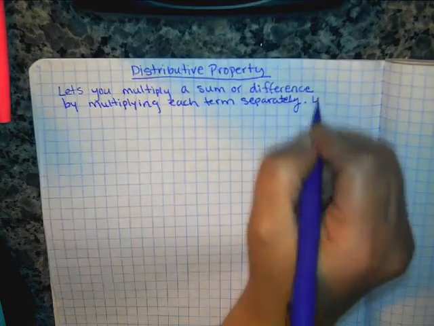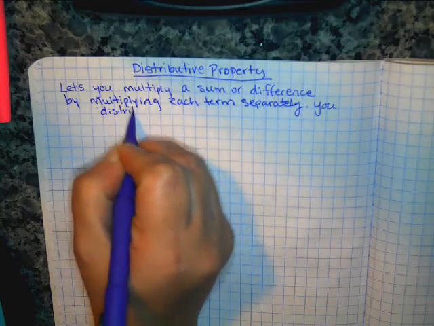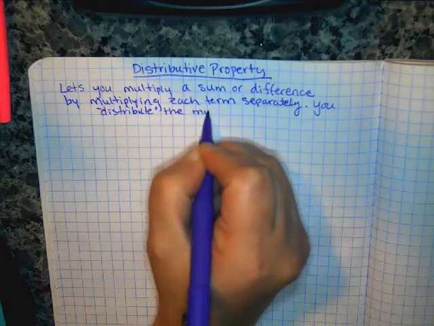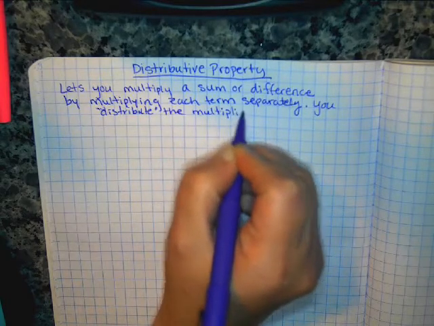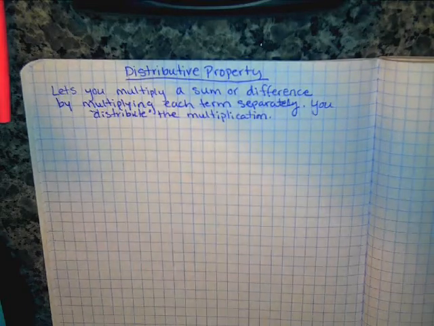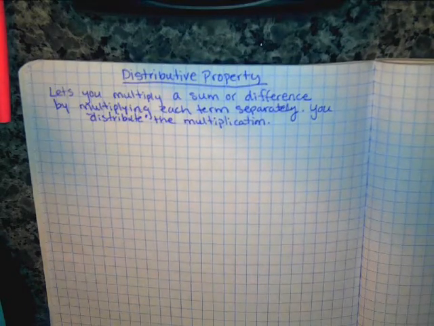So we are, in a sense, you distribute the multiplication. Now, if you need to press pause right now to get it all written down, go ahead and press pause. When you're ready, press play to continue so you can see what does this actually mean.